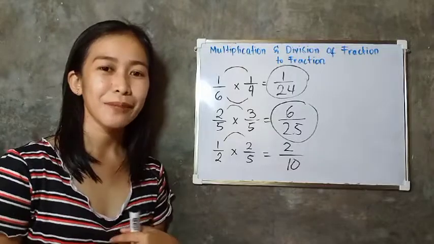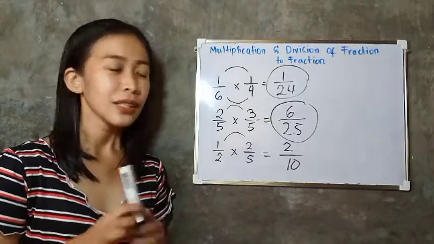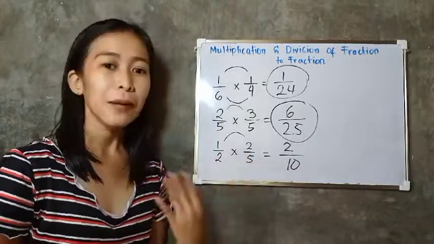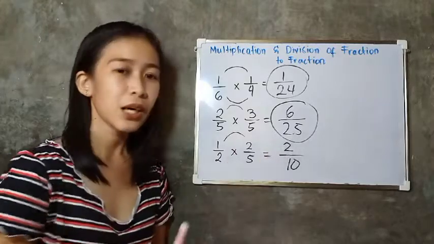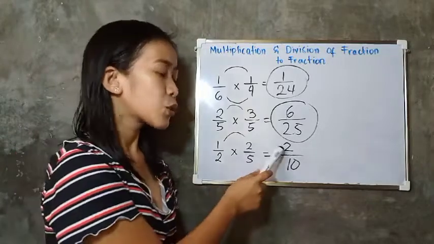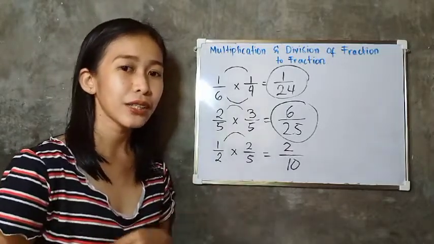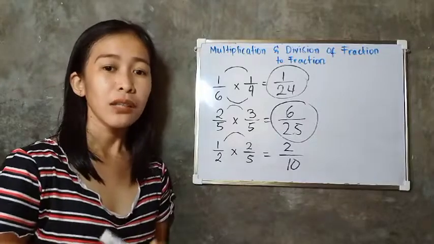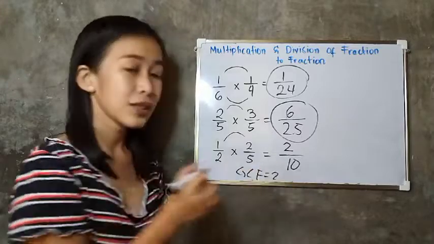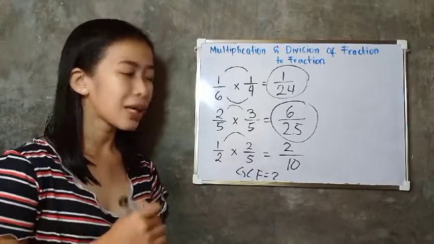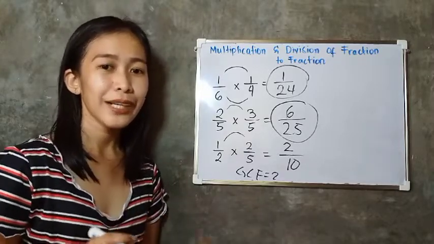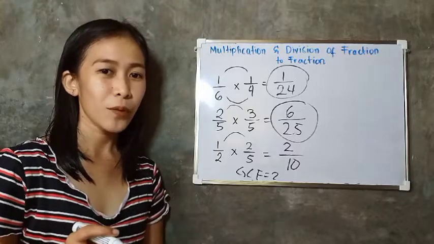I have a technique so you can find the GCF more easily. Always look at the numerator, or look for the smallest value. Our numerator is 2. Isn't 2 the smallest value between it and 10, right? So, if the 2, or the smallest value, can divide our denominator, that would be your GCF. 2 will be your GCF. Alright? But if it cannot divide the denominator, of course, you will look for another GCF lower than the numerator.